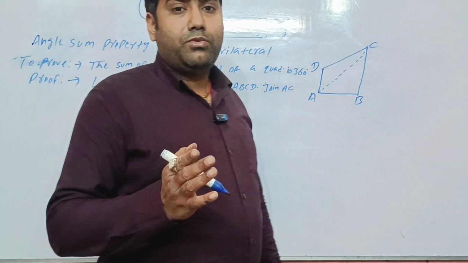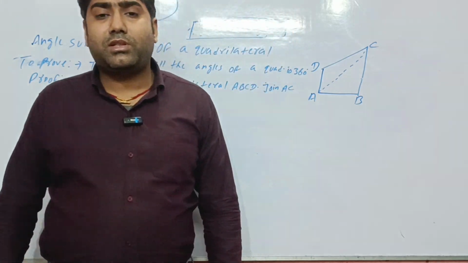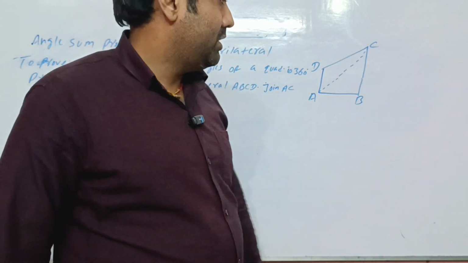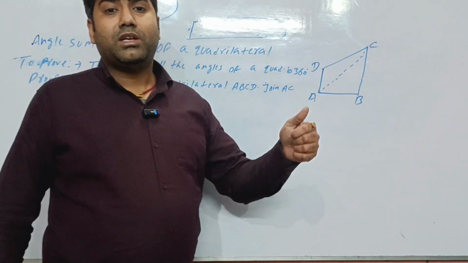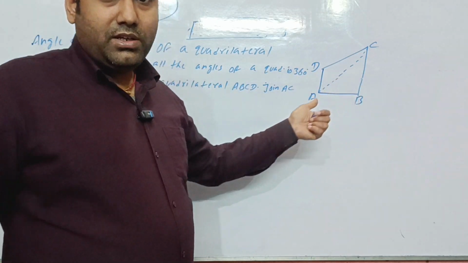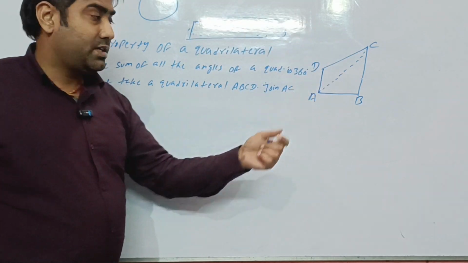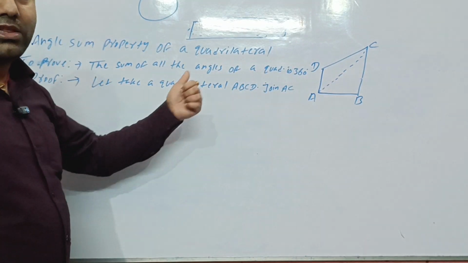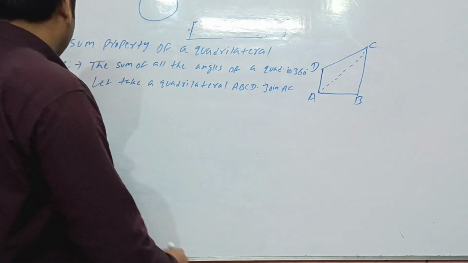We have learned in our previous class that the sum of all the angles of a triangle is how much? 180 degrees. So we use that property in proving this angle sum of a quadrilateral.